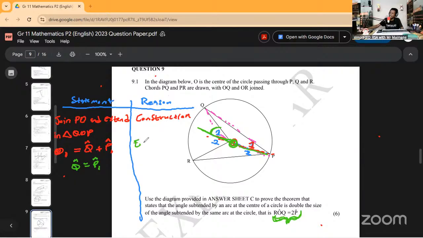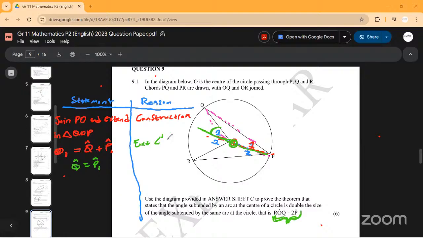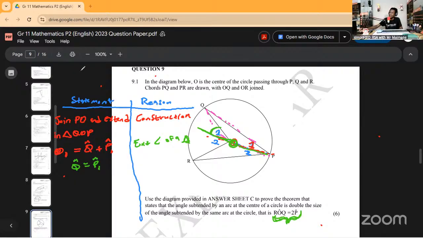So this one, it was the external angle of a triangle. And the other one? You can say angles opposite radii.